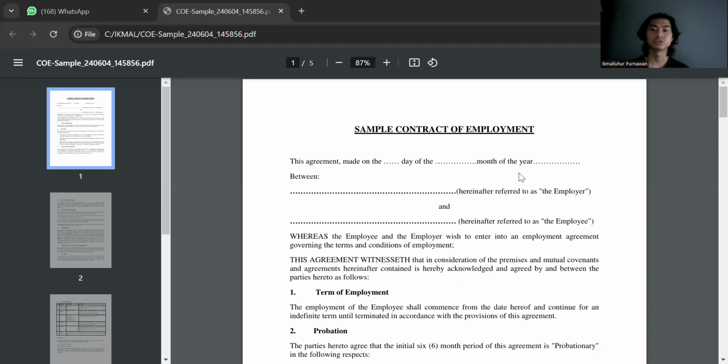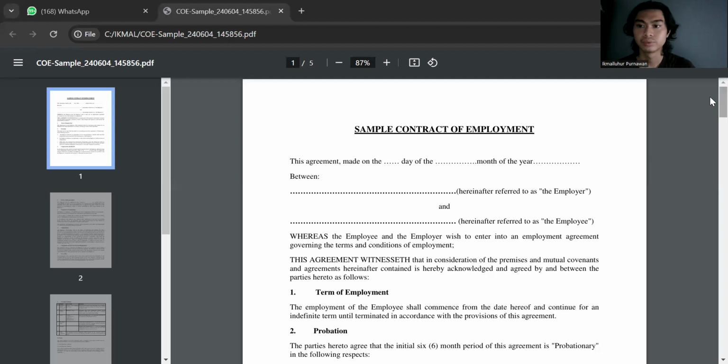So you could write any date or month according to the date you sign this contract. The contract is obviously between an employer and an employee.